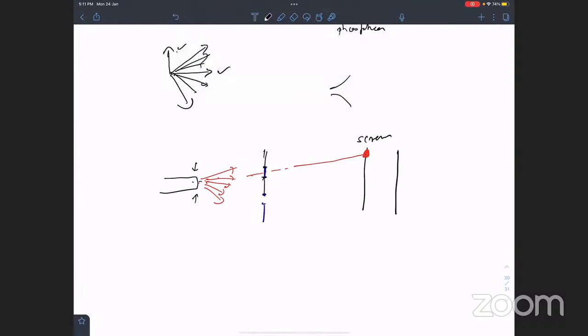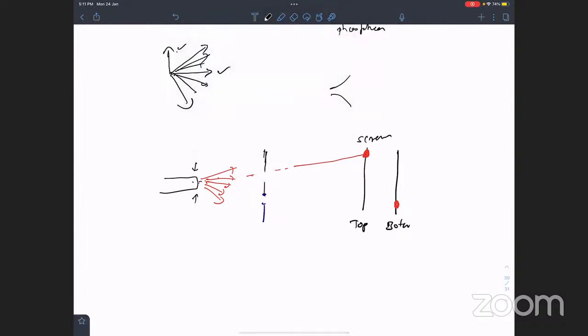This is when the top is open, and this is when the bottom is open. It's going to come here, so you're going to have a spot here. Now let's do the interesting experiment. Let's open both.